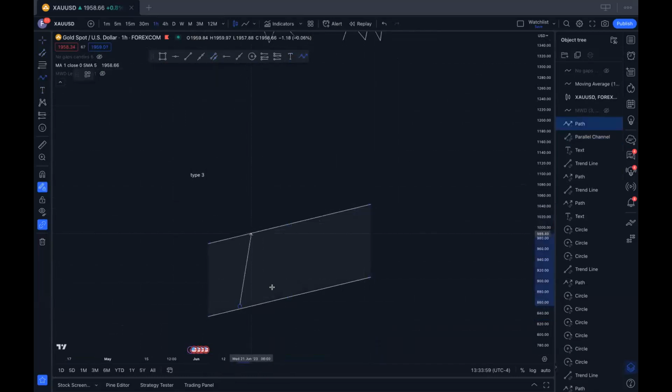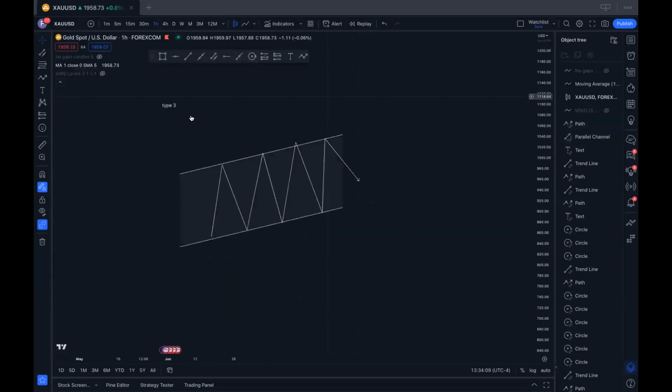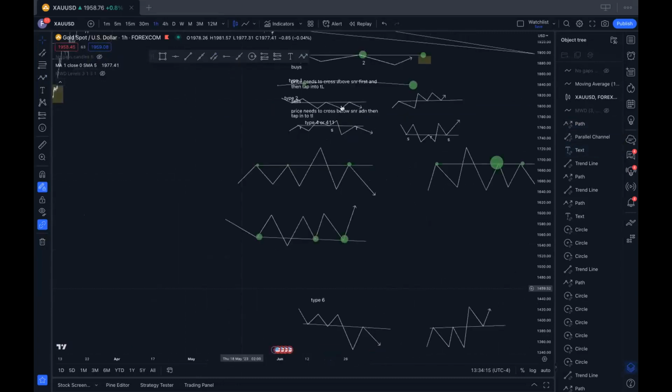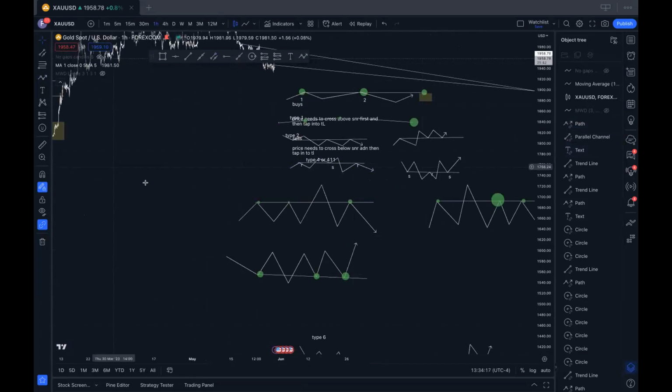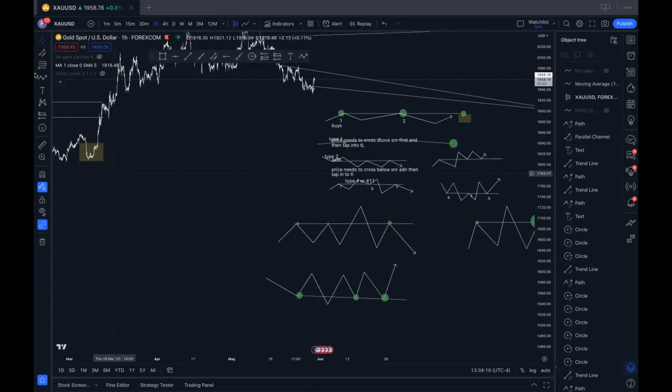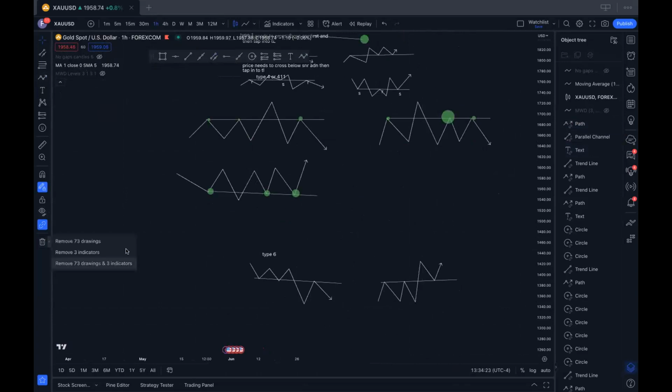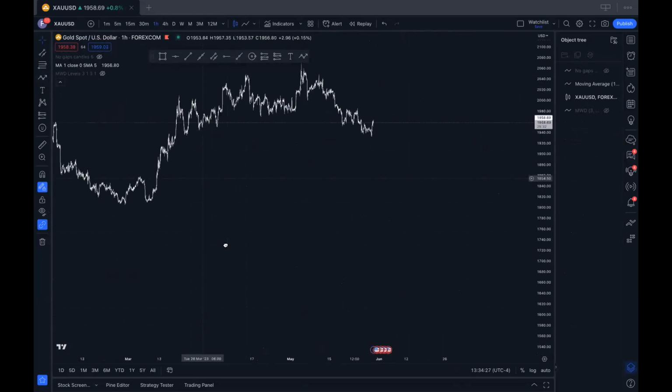It's pretty much just a channel trend line. Your regular support and resistance trend line, outer and inner. Pretty simple. All right, so let's go over each example, and then we'll go over how to use them. I'm going to clear my charts because you guys have the notes on this.